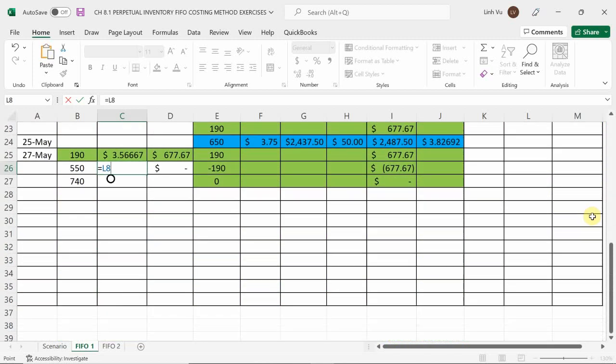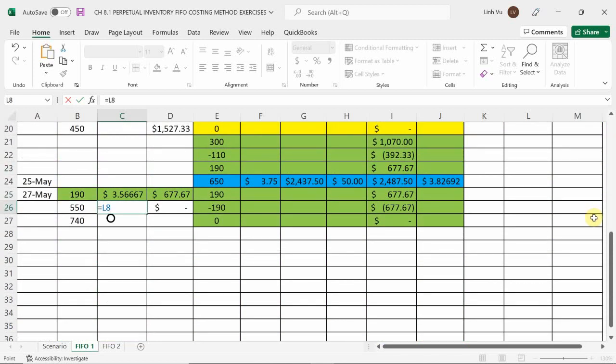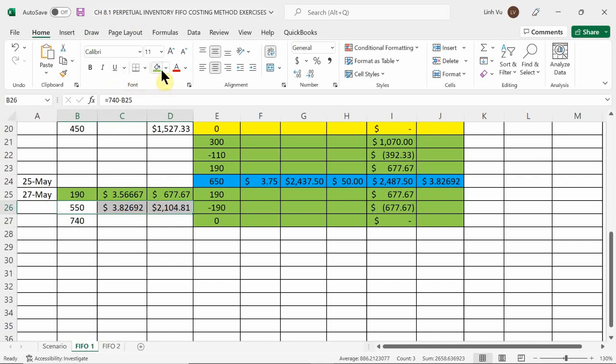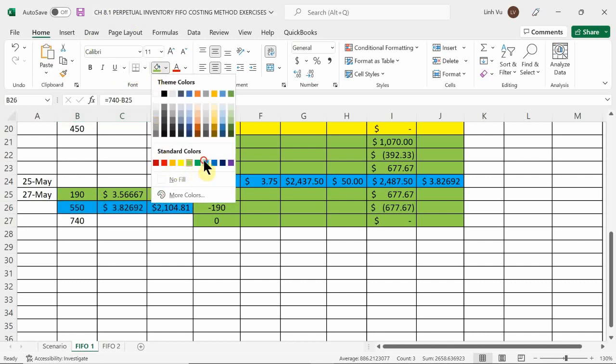So what's my grand total cost of goods sold if I'm selling 550 units at 3.82692? $2,104.81. Excellent. And this was from my blue batch of inventory.